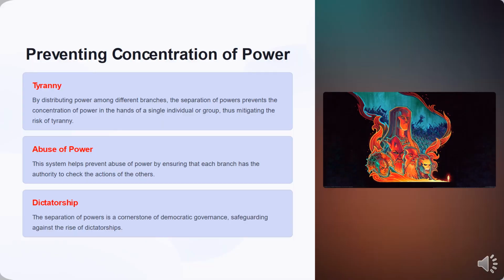Preventing concentration of power: tyranny, abuse of power, dictatorship. The separation of powers helps prevent abuse of power, which means tyranny, and safeguards individual rights and freedoms.